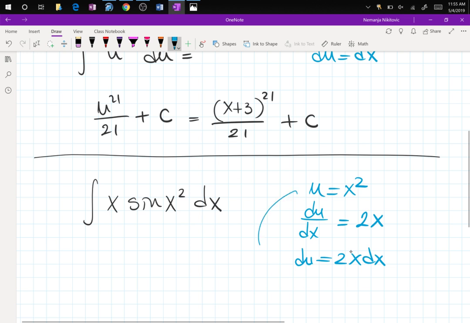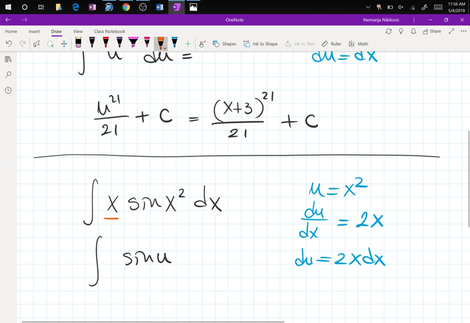Now you will get used to go to this step right away, where you just put dx immediately on the other side, but I still need you to know where this comes from, because this dx is supposed to replace that dx. So you can't just skip on it. So now, if I am looking at what I have for my substitution, and I'm looking at what I have, so I'm cool there.